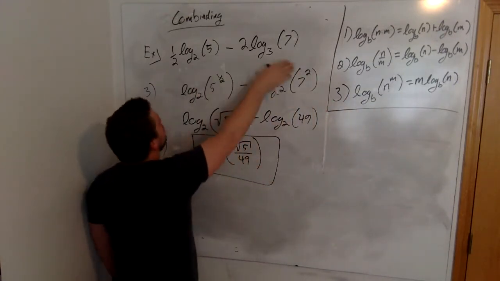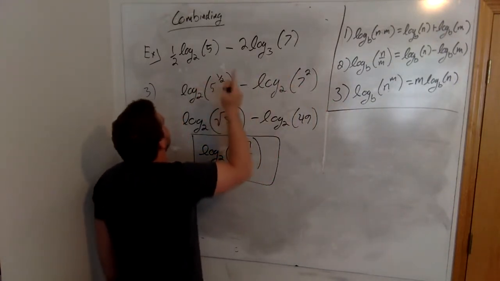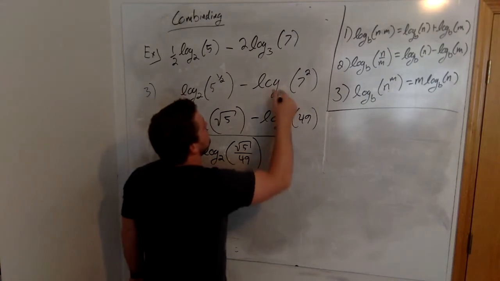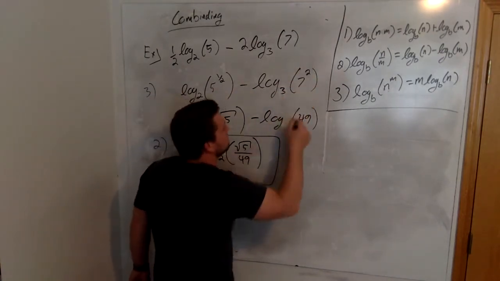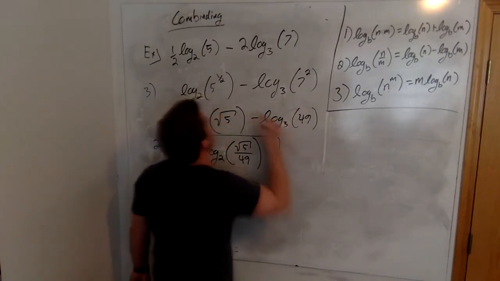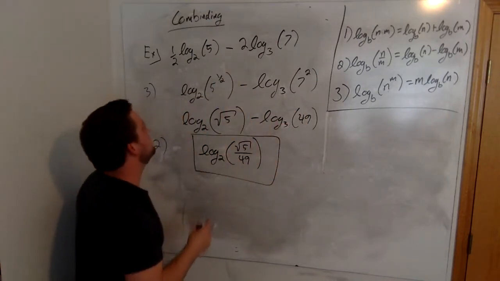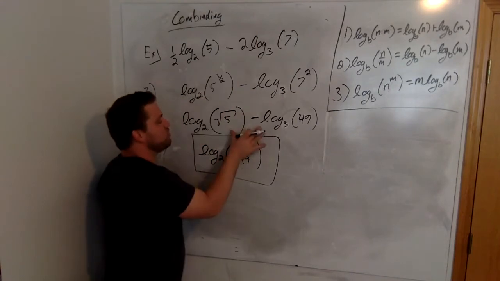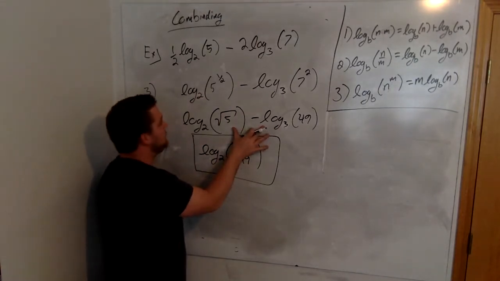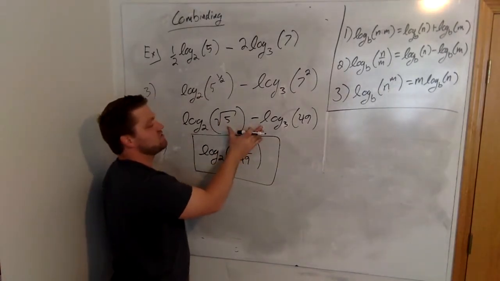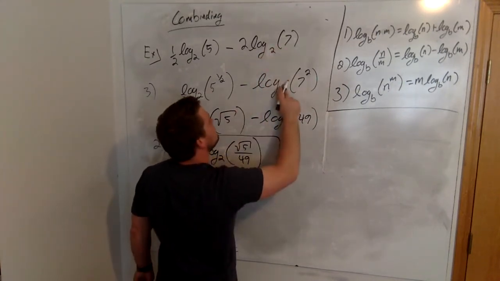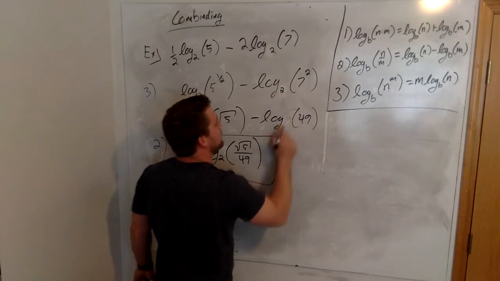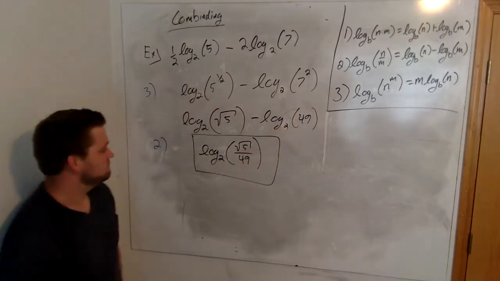So the only thing you could have done is this, and you couldn't go any further. I guess you could write that 7 squared is 49, and 5 to the 1/2 is the square root of 5. But if these had different bases, you could only really go to here. You can't use rule 2 because these have different bases. This is where you would have stopped. But in the problem, since they did have like bases, we were able to use log rule 2.